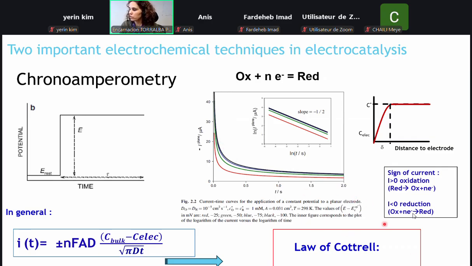This is the Cottrell law. This kind of current-time response, when we apply a constant potential, is represented by this. So by applying this experimental technique, we can obtain either the diffusion coefficient or the concentration of a species I want to measure.